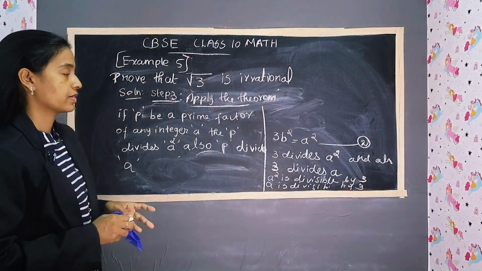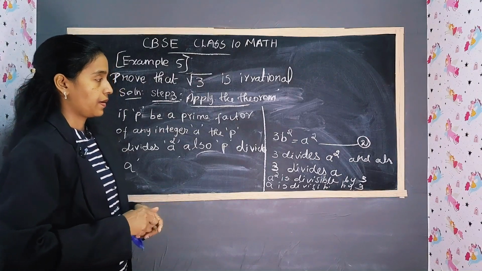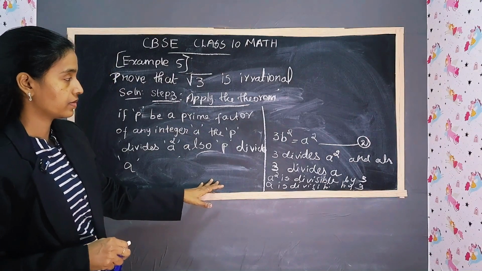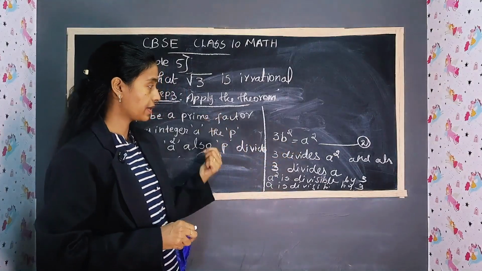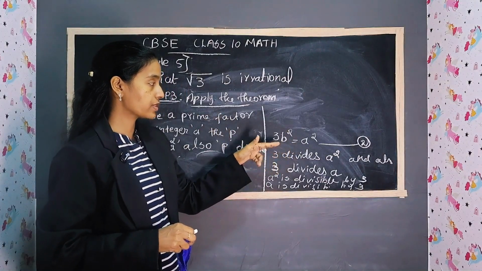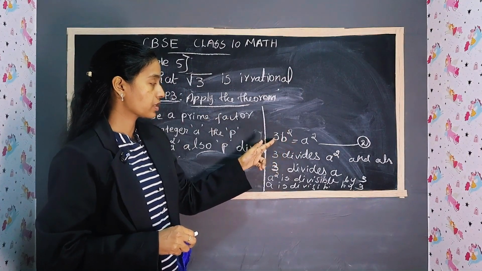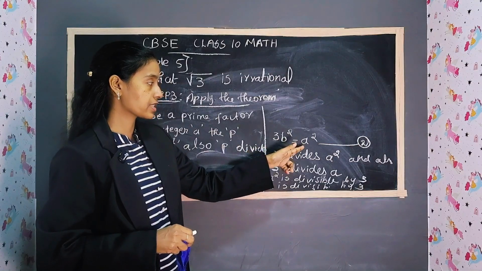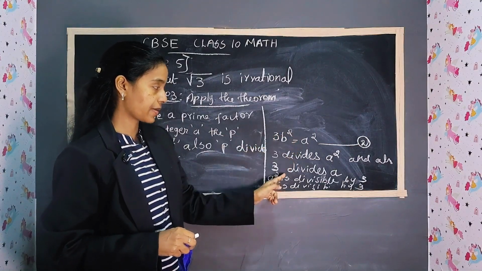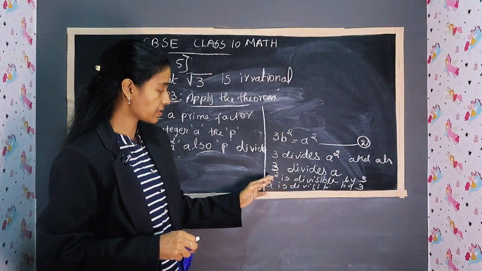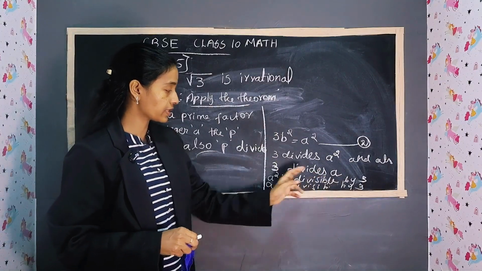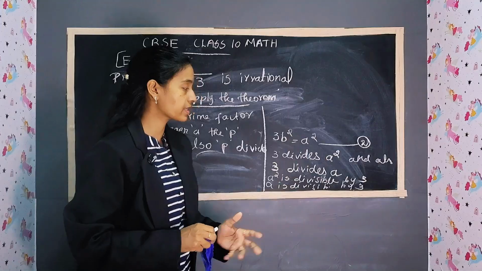Okay. In this formula, we are applying the theorem. So, from this, we know that 3 divides A square, also 3 divides A. Okay. In another way, we can write it as A square is divisible by 3 and A is divisible by 3.